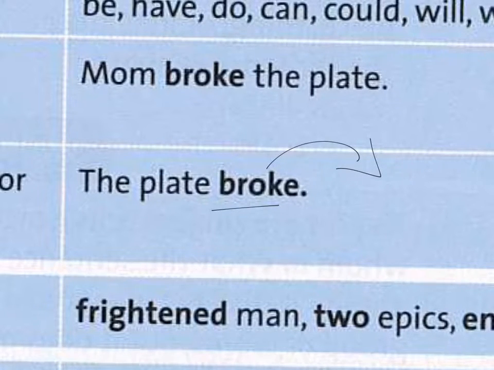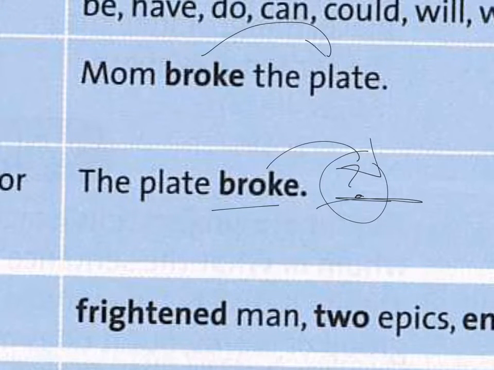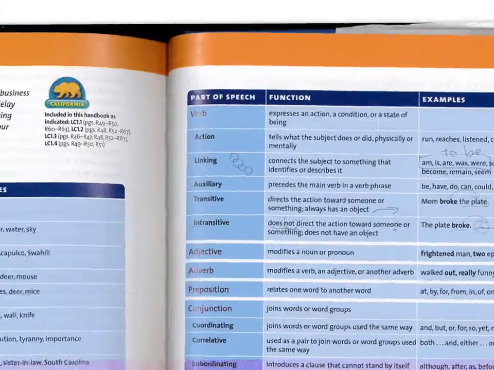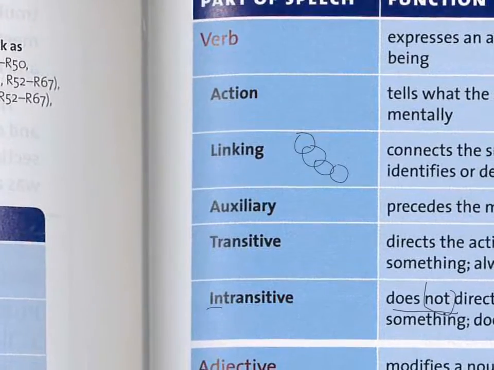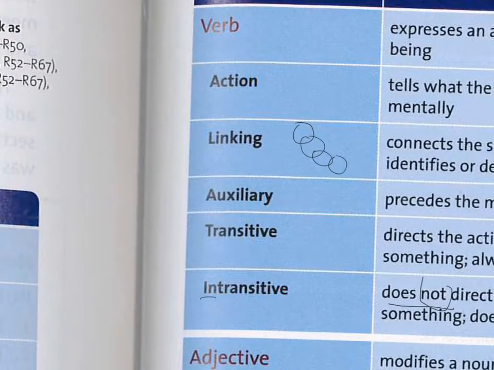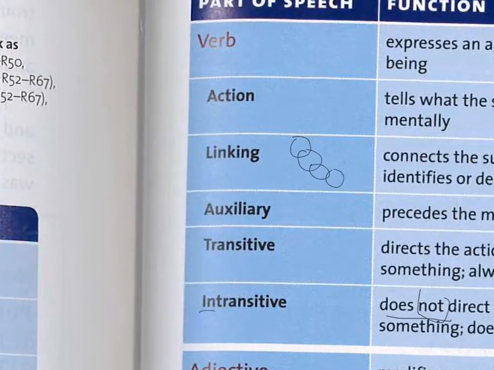The kid failed what? The kid failed the class. But here there's no direction for the verb, so that's called intransitive. Here the verb is referring to the plate. That's where the broke, what broke? The plate. Okay, transitive and intransitive. So let's look at those again. Our verb types. We have action verb, linking verb, auxiliary verb, transitive verb, and intransitive verb.